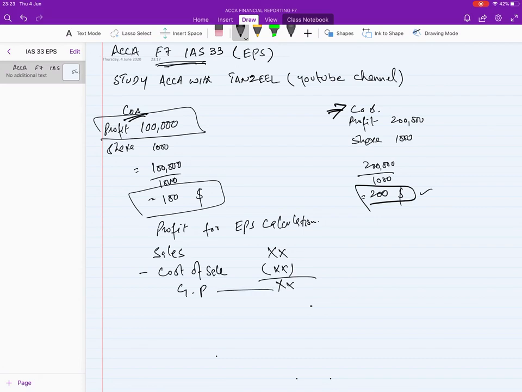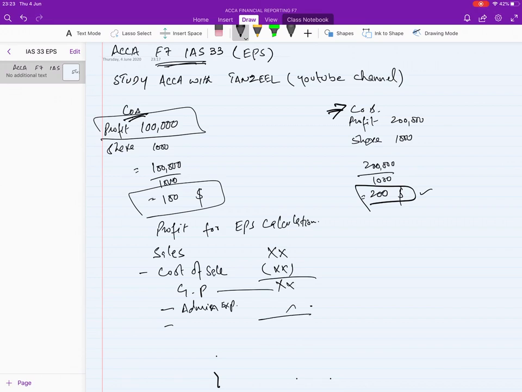After gross profit, you deduct admin expenses, or factory overheads, or all those costs.